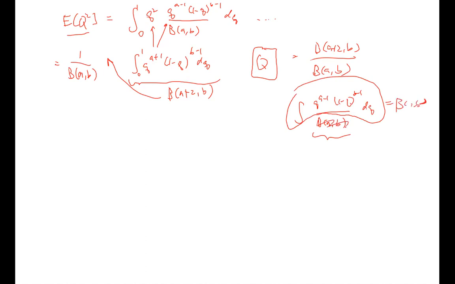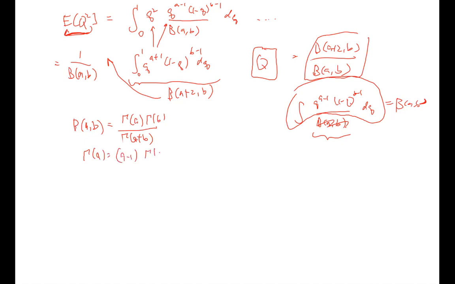So it's very easy for you to compute this, and this should be equal to B(a+2, b) over B(a,b). Remember that B(a,b) is Γ(a)Γ(b) over Γ(a+b), and Γ(a) is equal to (a-1) times Γ(a-1). Just using that, you can compute this very easily. So see if you guys can complete this.